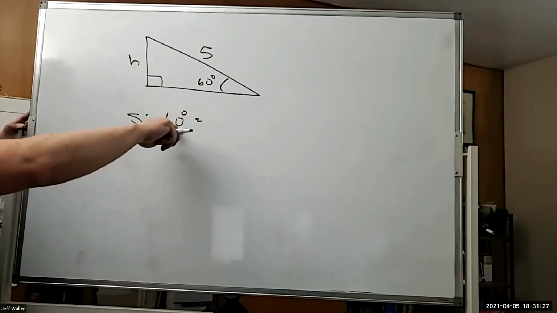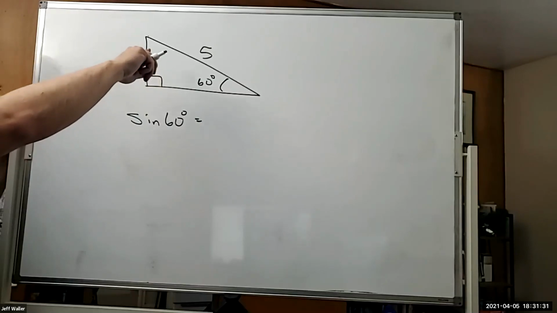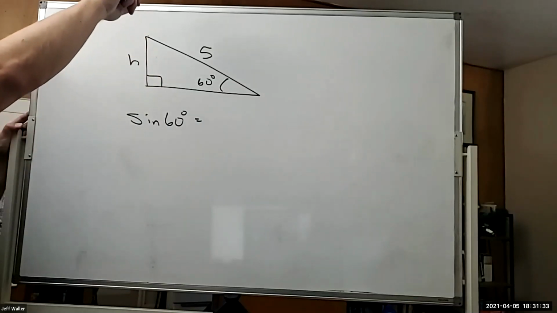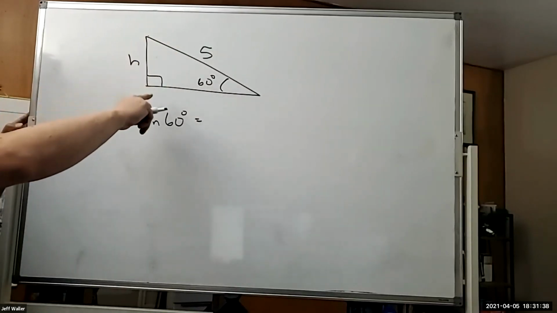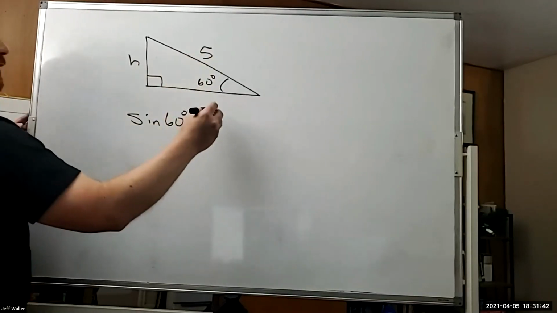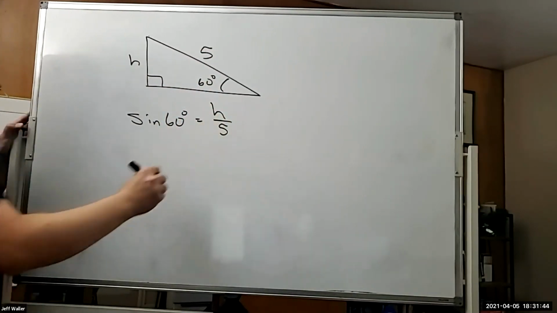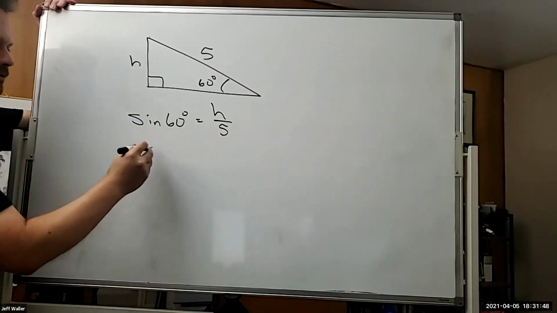So sine of 60 equals? Sine of 60 from the triangle equals h over 5. So then what's h equal?